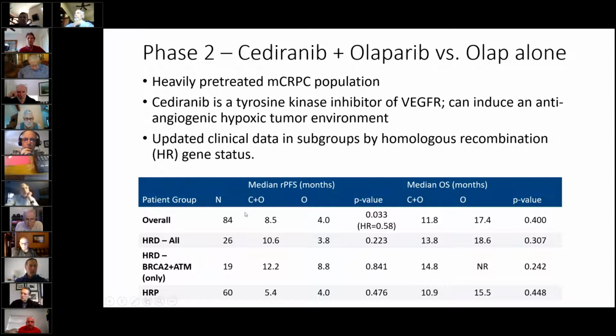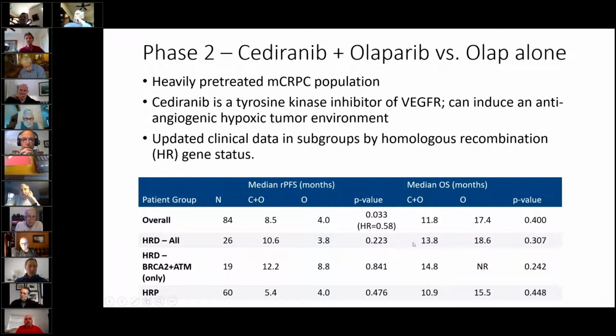Well, I had a slide maybe further down, which was extracted from the table. It made it a little more clear. I think it was this, a cediranib plus olaparib, C plus O here. 10.6 was the median progression-free survival, whereas olaparib alone was 3.8.